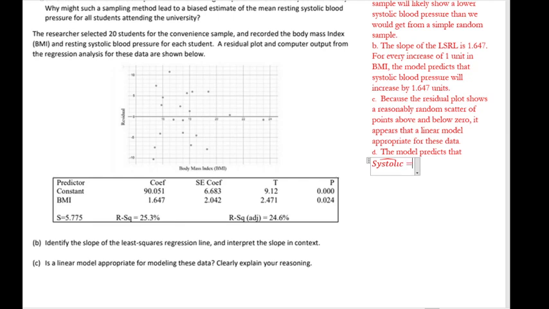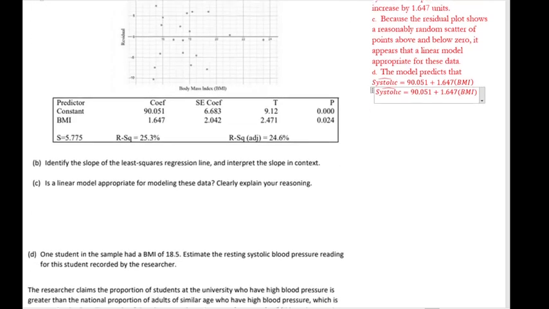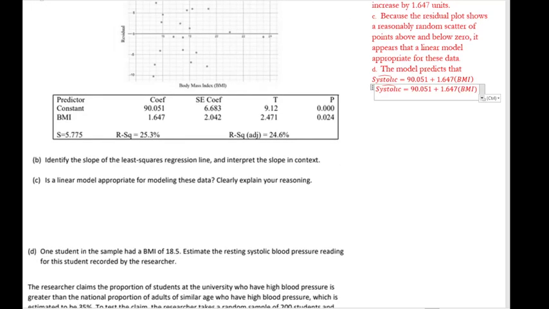So our predicted systolic is going to be 90.051 plus 1.647 times the BMI. So in that case, the BMI that we're dealing with is 18.5.